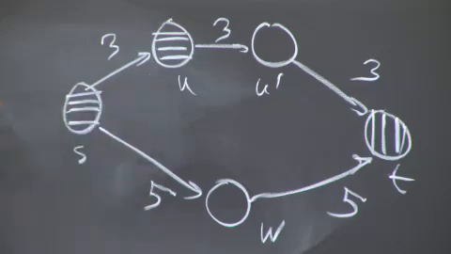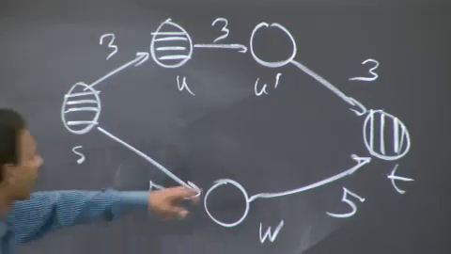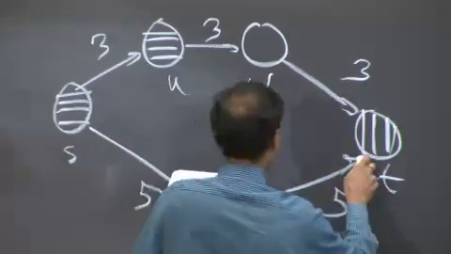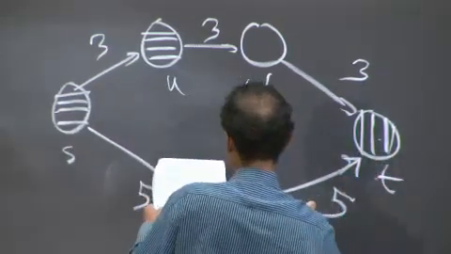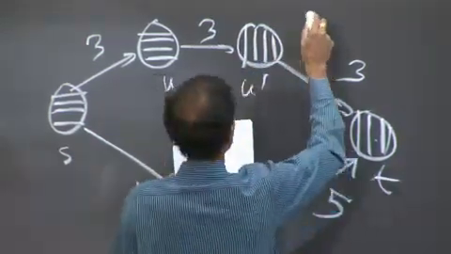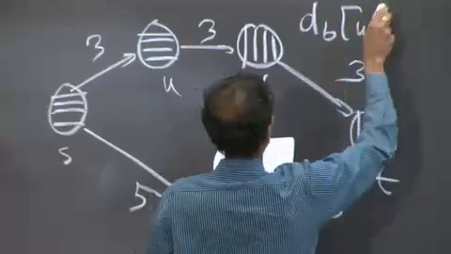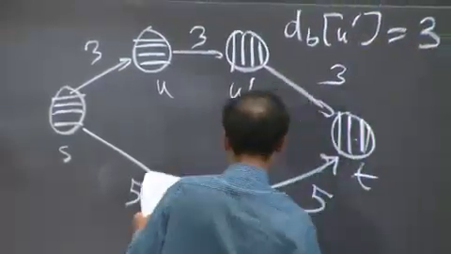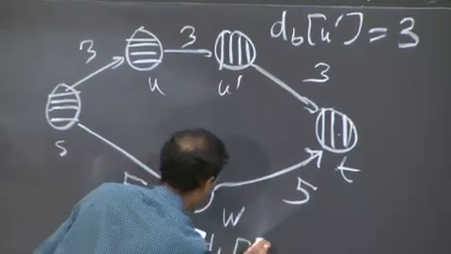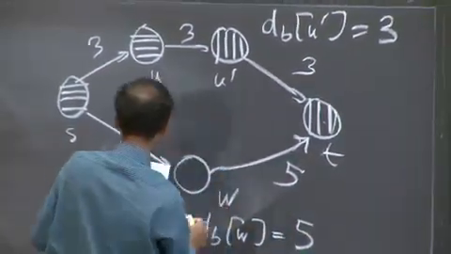Hashed horizontally means that it's been removed from QF. Hashed vertically means that it's been removed from QB. And so when I do a backward search, I'm going to hash this, and I'm going to set dB of U prime equals 3, and I have dB of W equals 5.